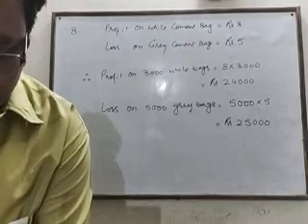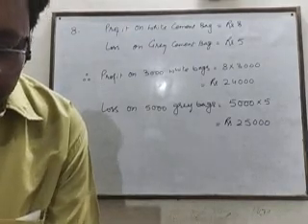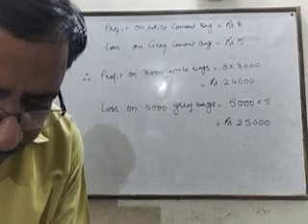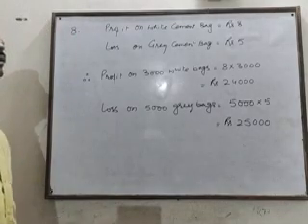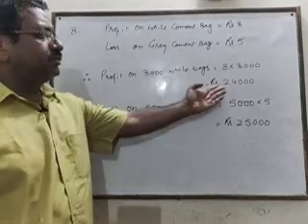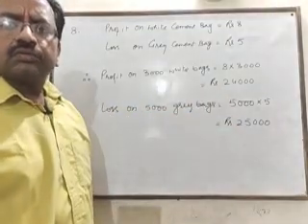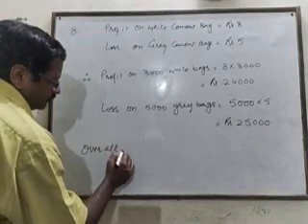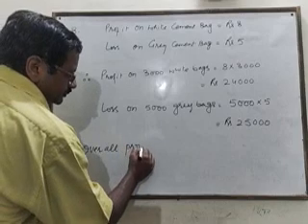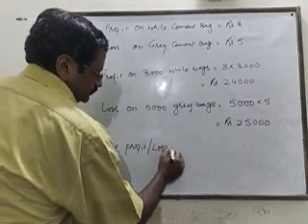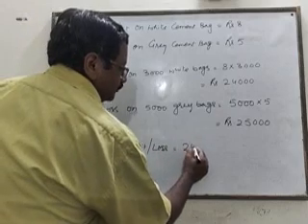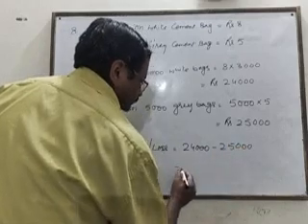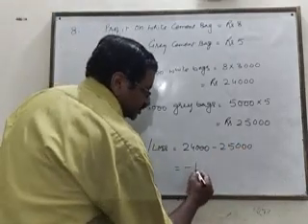So overall the company is getting profit or loss, this we need to decide. We can do it like this also: 24,000 minus 25,000, and we are getting minus 1,000.